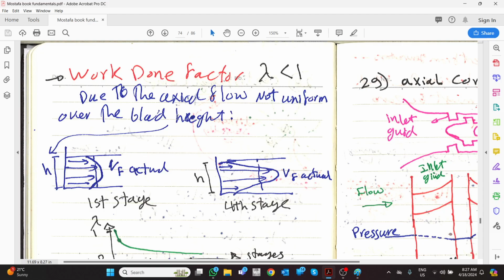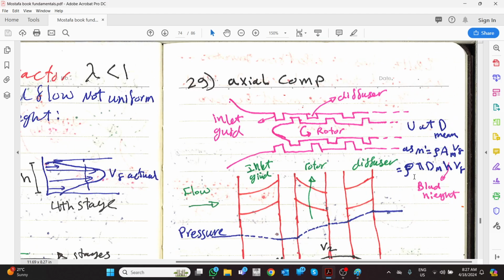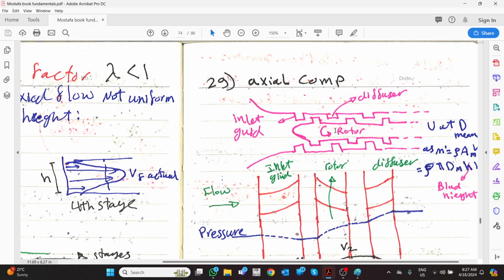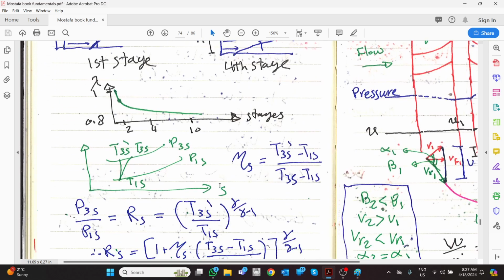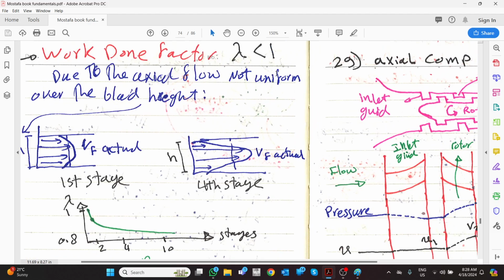This is because the axial flow is not uniform over the blade height. While it starts to go like this, it is more jetting in the middle, and because here it is static, at the edges it will be a little bit static, so it is not uniform. And while we have multiple stages, more and more non-uniform flow happens.